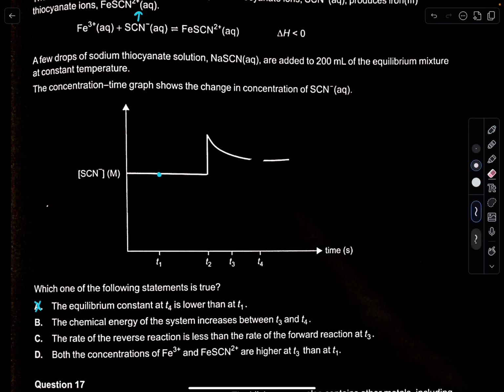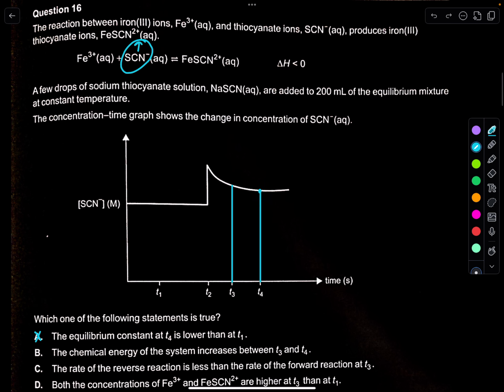Next option: the chemical energy of the system increases between T3 and T4. T3 is here, and T4 is when it reestablishes equilibrium. Let's think about it. If you're increasing SCN-, using Le Chatelier's principle, the system says, that's too much SCN-, I need to find a way to get rid of it, and so it's going to move forwards.